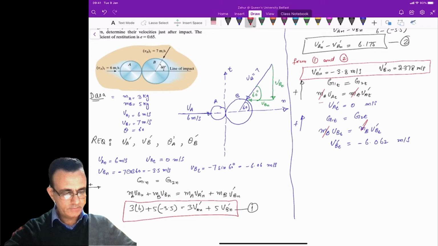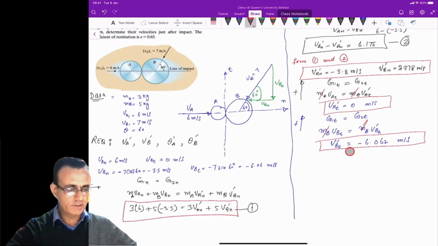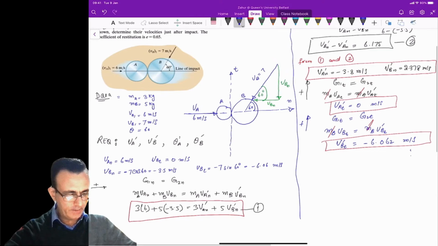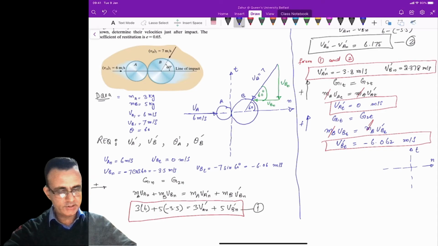So these are all the components of the velocities: two are these components and two are these components. So now for velocity A, if we draw the components, this is our n direction, this is our t direction.